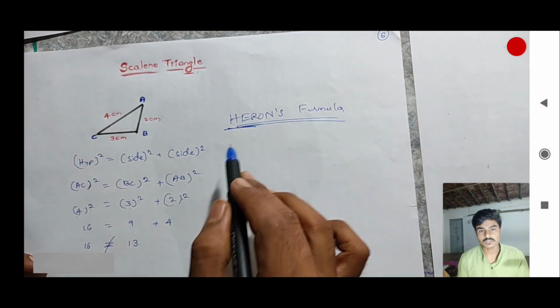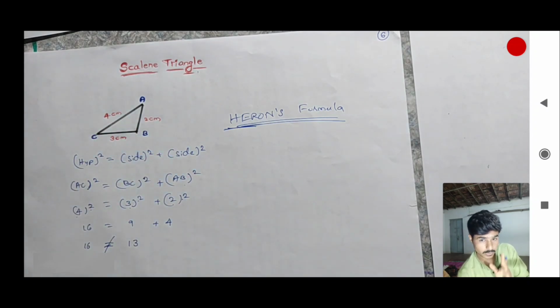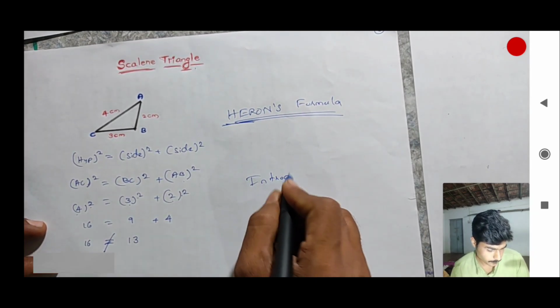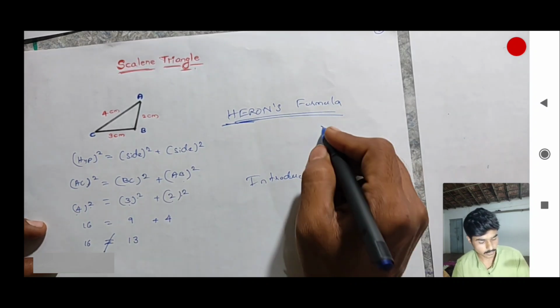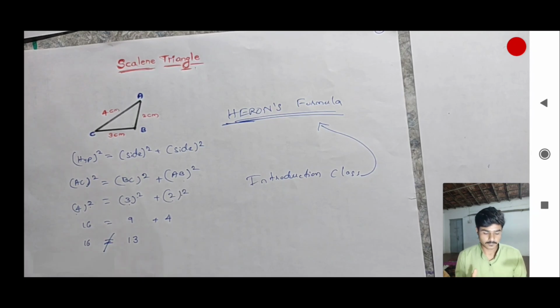Till now this was the introduction class to Heron's formula. In the next class I will explain what Heron's formula is and also its application in finding the areas of any triangle.